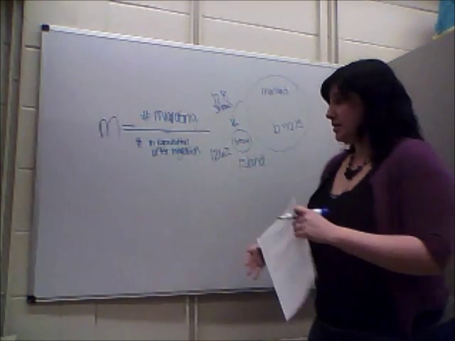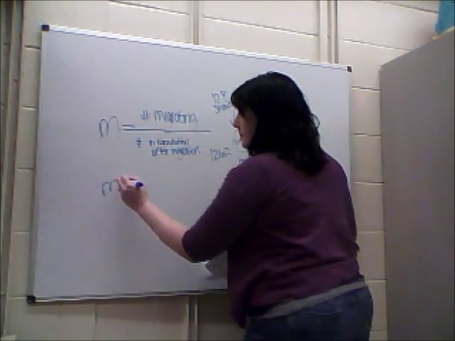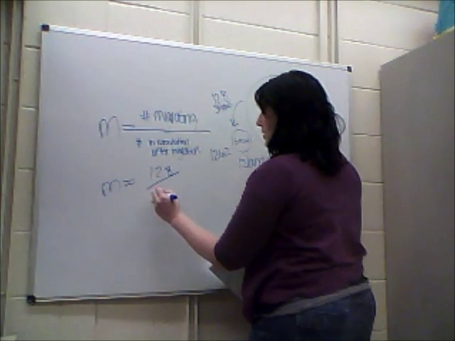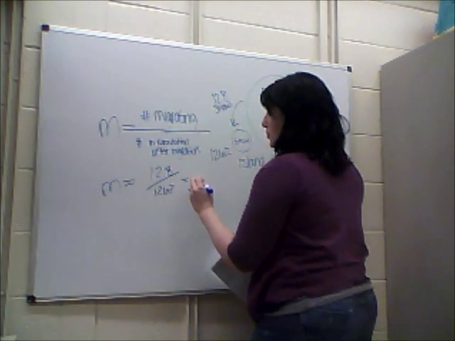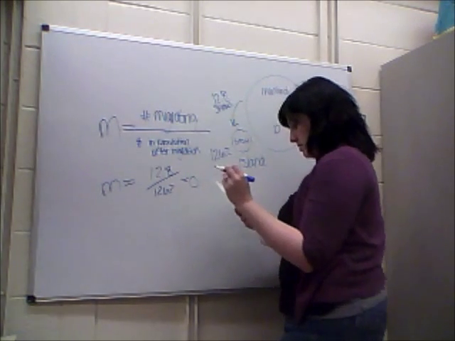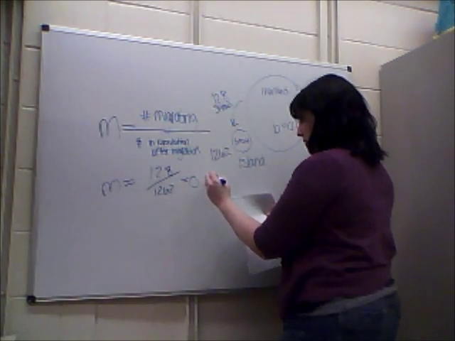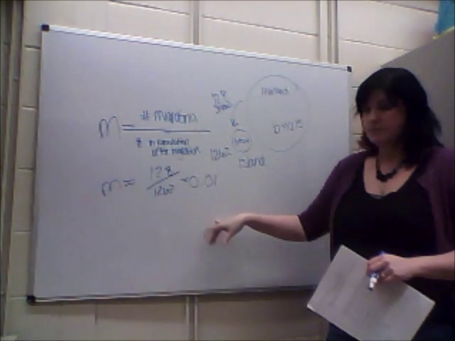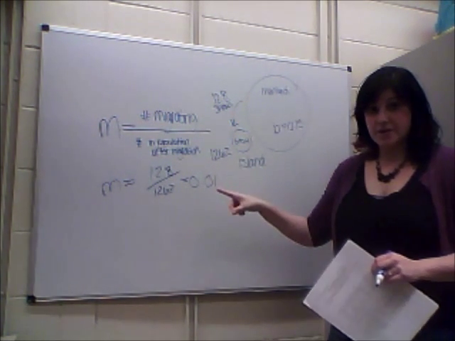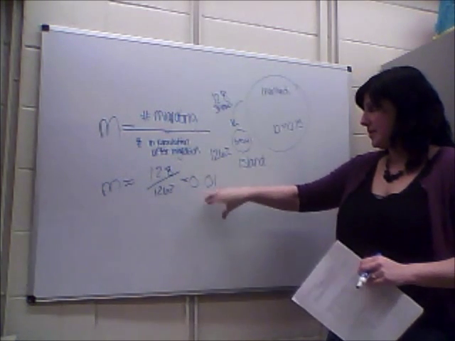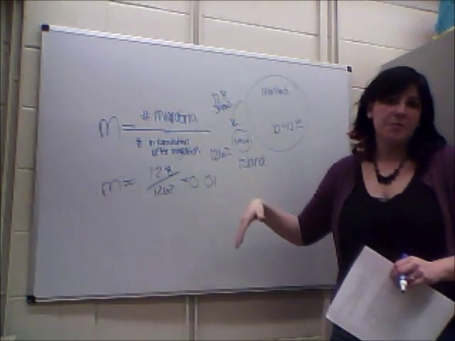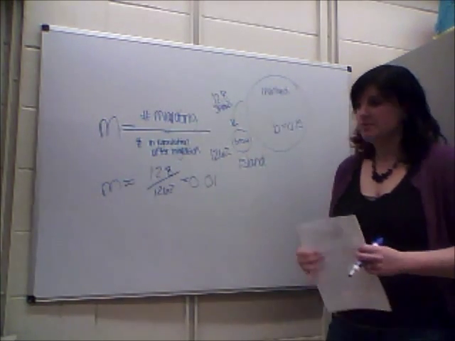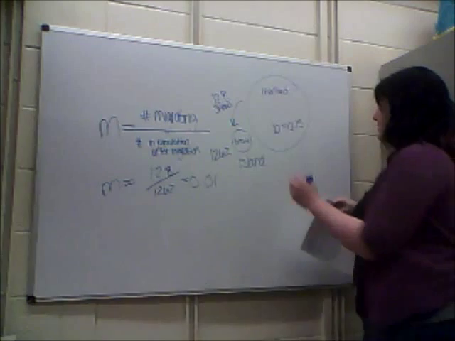So to find our migration rate, we would just do m equals 12.8 divided by 1,262, which is about 0.01. So about 1%. Okay? Now we have a migration rate. So we know that about 1% of the population on this island is made up of migrants. They're not locally adapted. They're from that other population. Alright, we're going to save that.